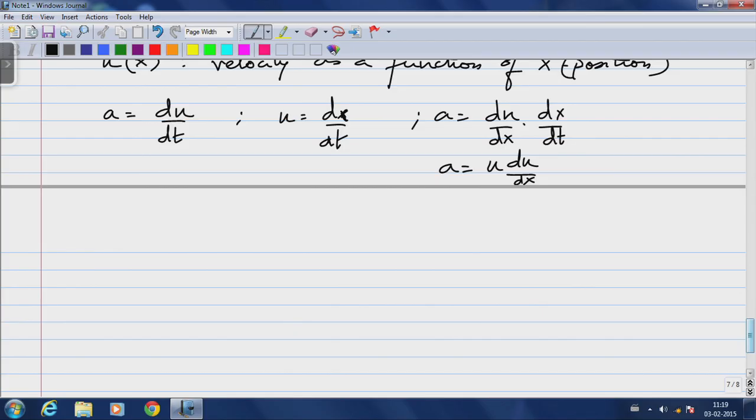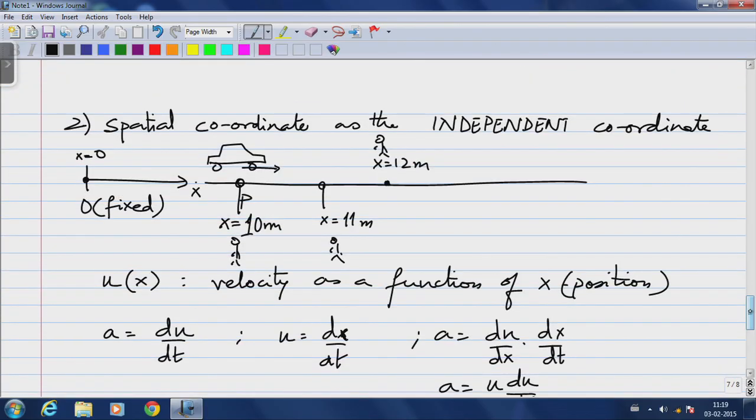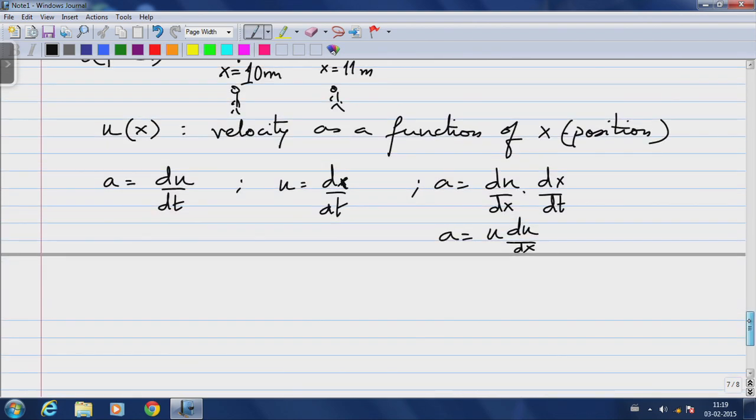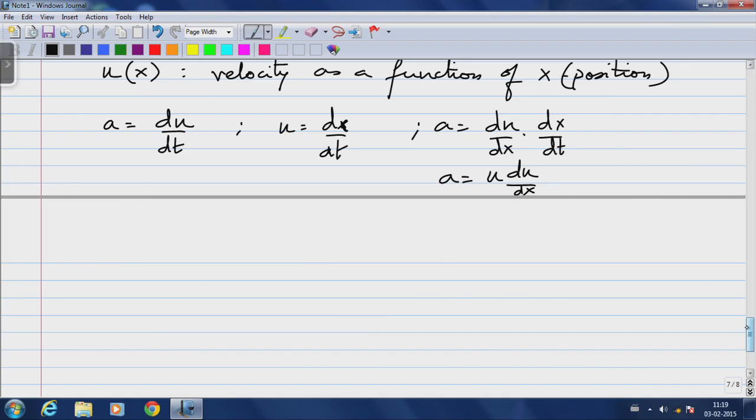So, if I know u as a function of x, so let us say I have, like I said, people at various positions making these observations. Here is a way to calculate the instantaneous acceleration at an x position. So, when I say a equal to u du/dx, u is a function of x, a is also going to be a function of x.